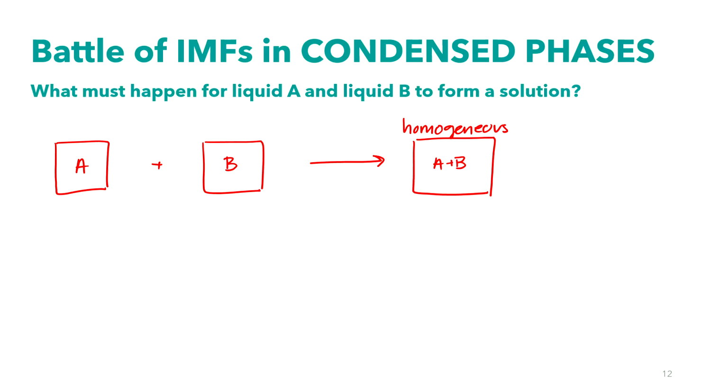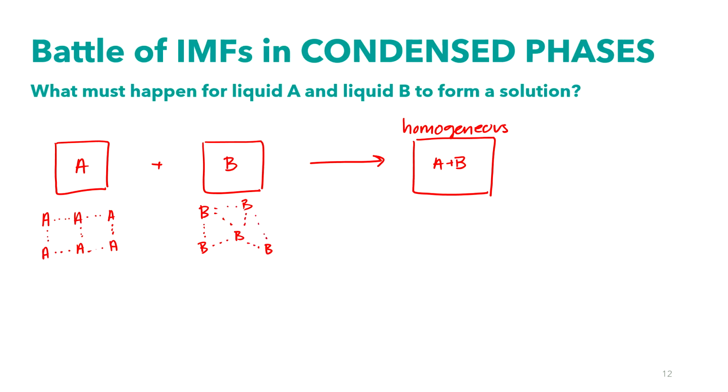What do I have to do to make that happen? On the left side here with our pure A and pure B, if I were to zoom in, I'm thinking about this network of A's, and they're all connected and held together in the condensed phase by their intermolecular forces. And then I look in B and I say, oh, well, hi, B's. You're also held together by intermolecular forces.